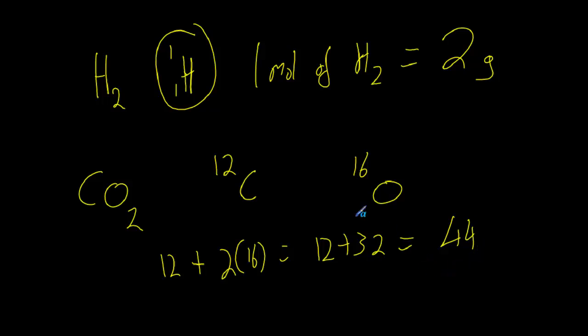So the relative mass of carbon dioxide is 44. So 1 mole of carbon dioxide weighs 44 grams. And so if we had a test tube with 44 grams of carbon dioxide in it, we know that we have 1 mole exactly of carbon dioxide.